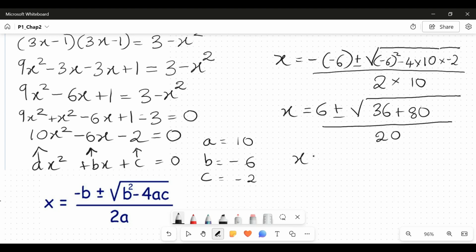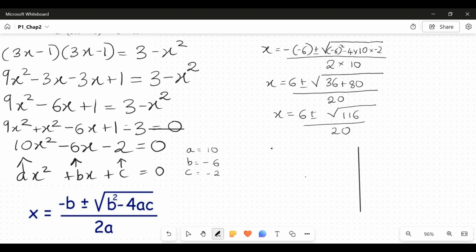And now x equals 6 plus or minus square root of 116 divided by 20. From there, we get two answers. One of them is x equals 6 plus square root of 116 over 20. The other one is x equals 6 minus square root of 116 over 20.